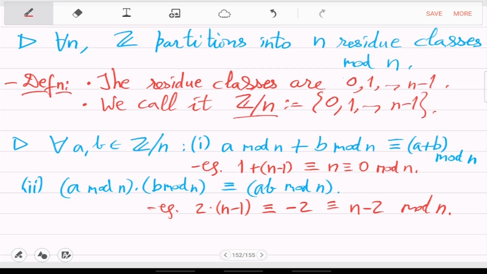There is a unique element which is a plus b. There is no ambiguity. When you add, you will get a unique element, and when you multiply, you will get a unique element. So those things should be clear. You can work that out and satisfy yourself.